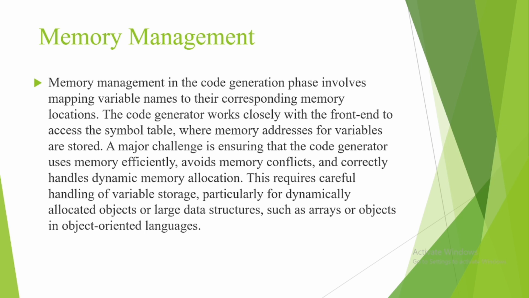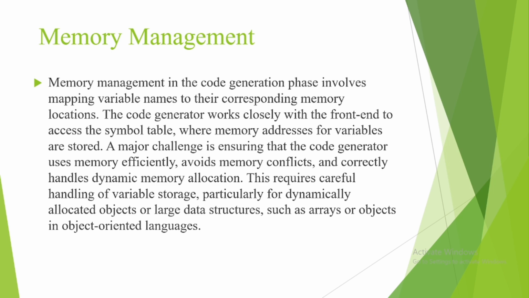Memory management. Memory management in the code generation phase involves mapping variable names to their corresponding memory locations. The code generator works closely with the front end to access the symbol table where memory addresses for variables are stored.